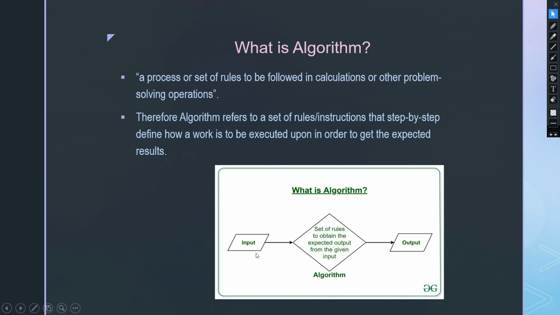In this diagram, we can see there is an input, and the algorithm is a set of rules to be executed, and then we get an output. So we can say that an algorithm is a finite set of steps or instructions for a problem.